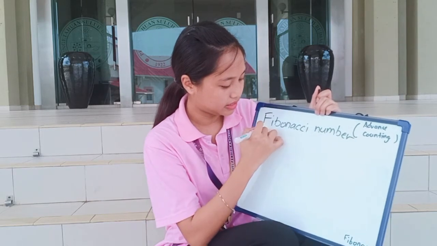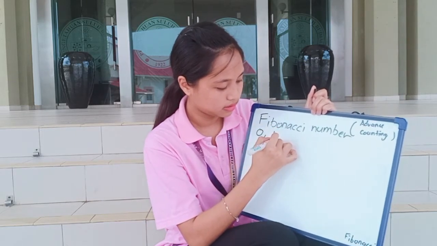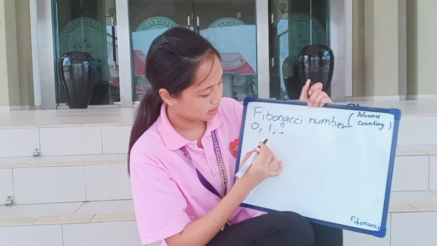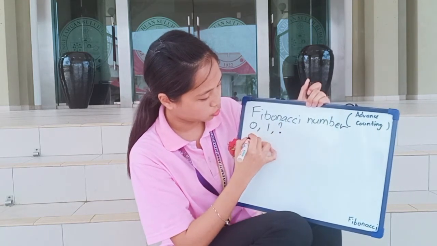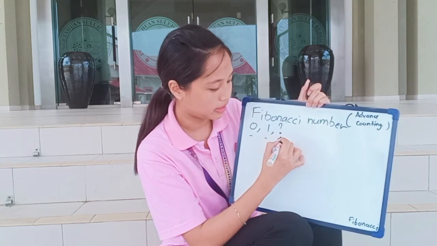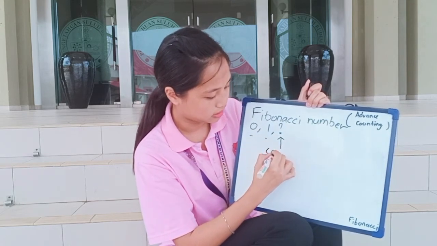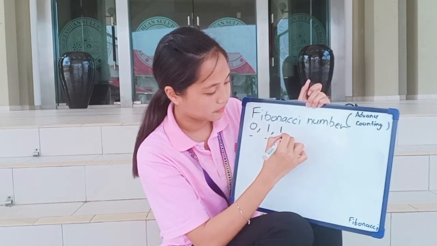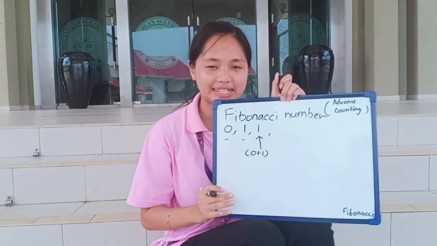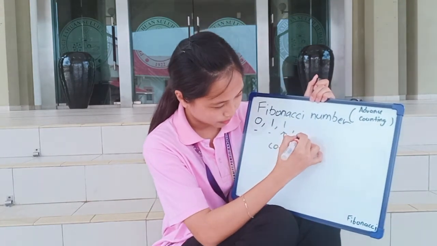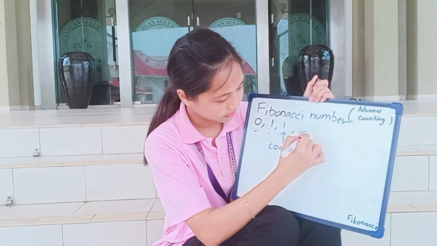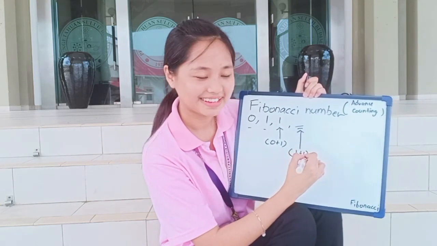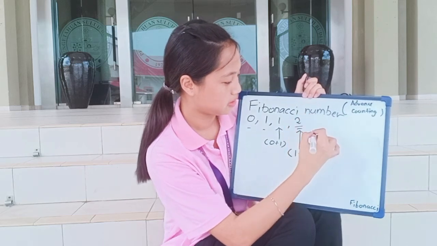It starts with 0 and 1. The number you find here is the sum of the two numbers before it. So 0 plus 1 equals 1. Repeat the same step to get the next number: 1 plus 1 is 2.